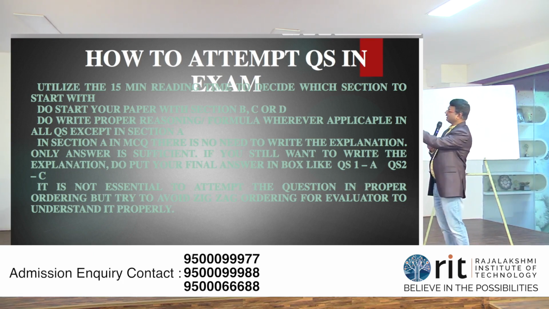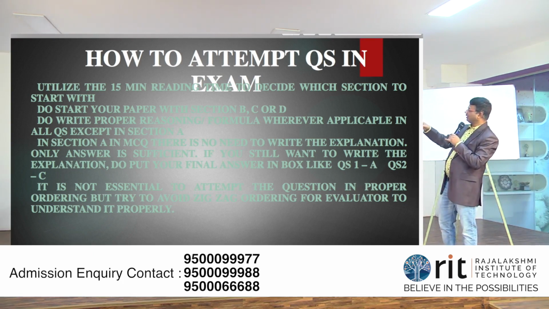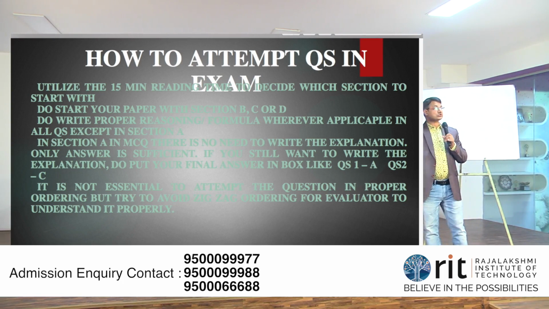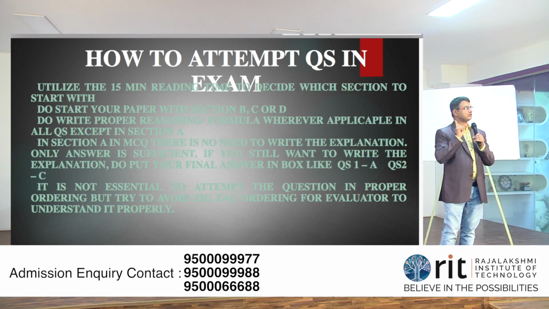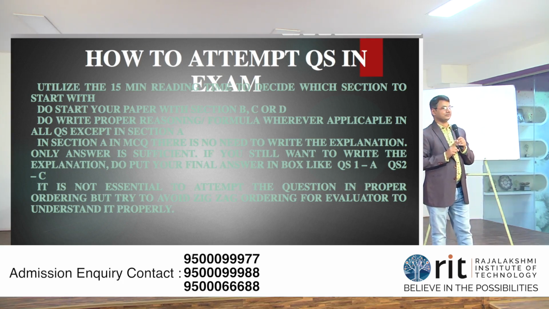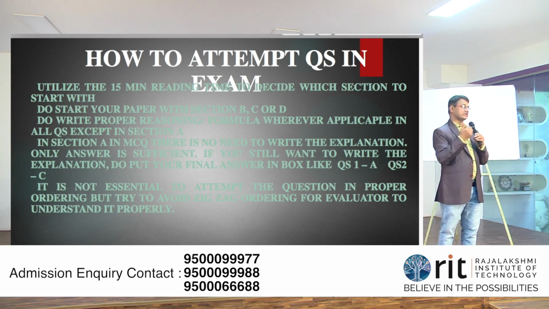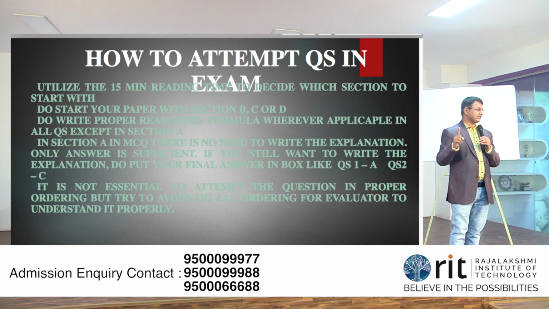So I have written that if you are writing the solution, if you are explaining, that is good. But put the answer in the box, because a teacher is given 35 copies to examine. Every teacher is asked to examine a minimum of 35 copies.